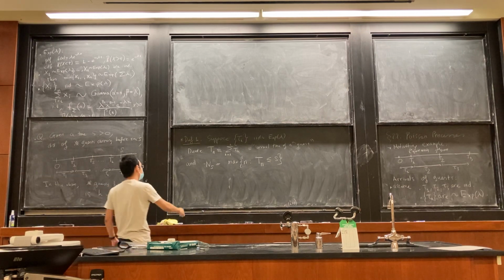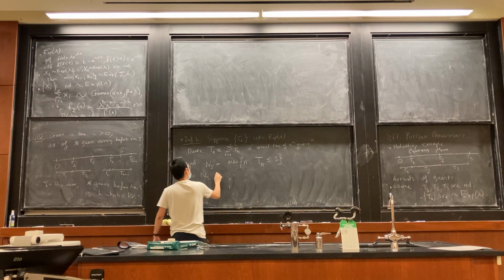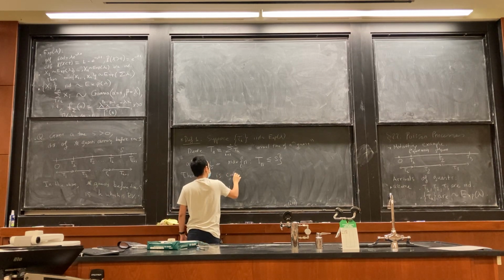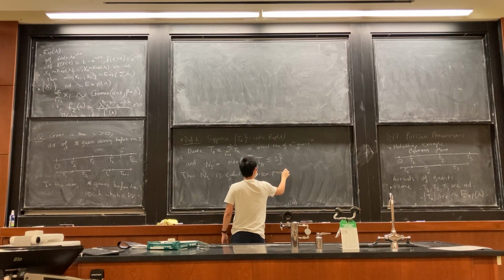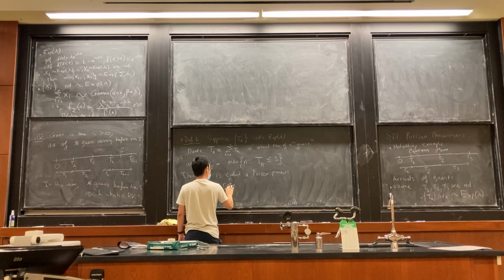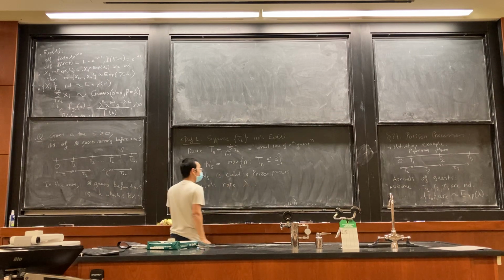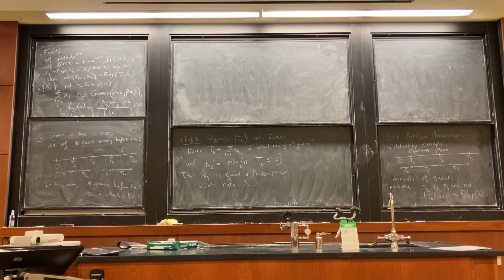Then N sub s is called a Poisson process with the rate lambda.